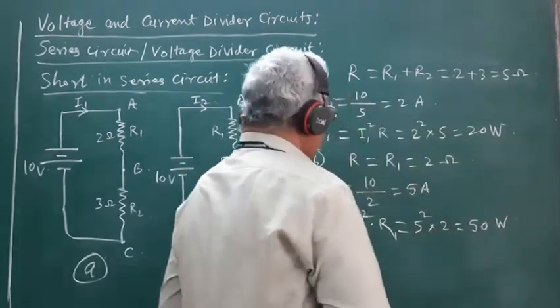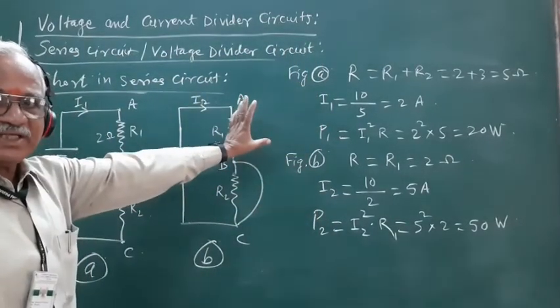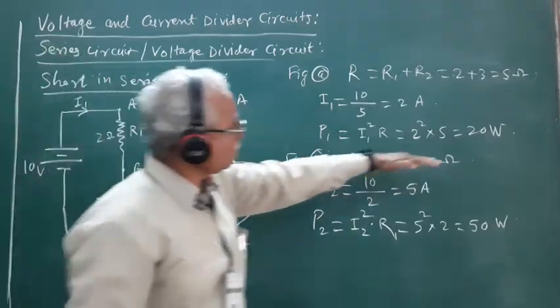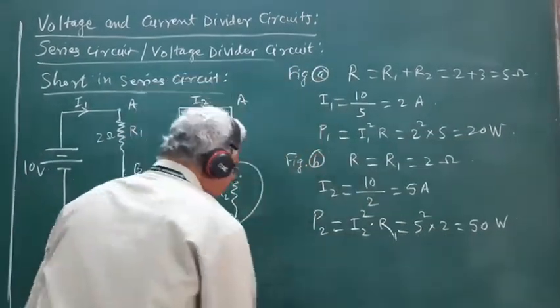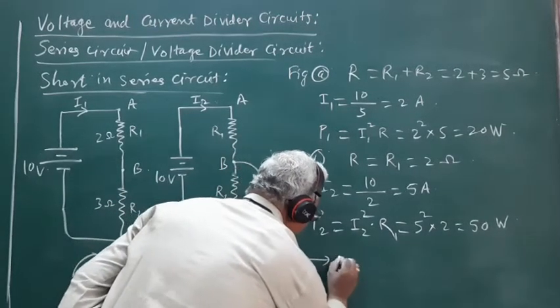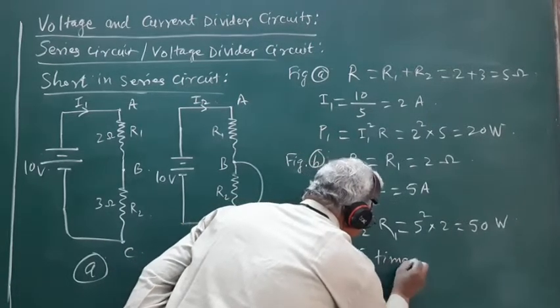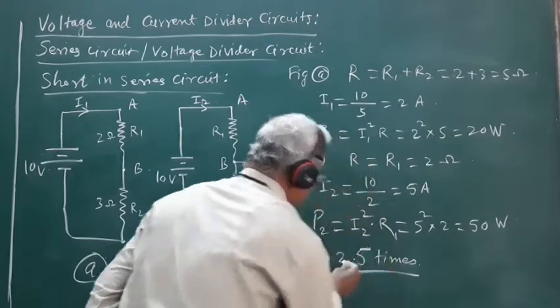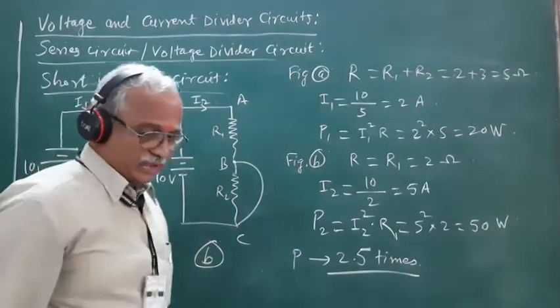So the power in the circuit increases from 20 watt to 50 watt. So the power increases by about 2.5 times. The power drawn from the source, or the power in the circuit, increases 2.5 times.